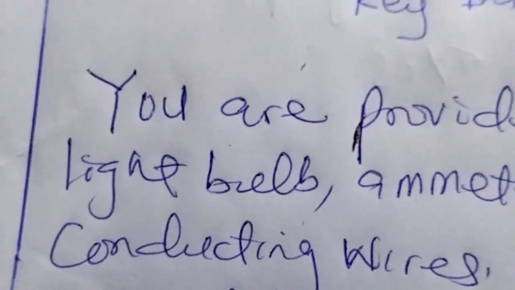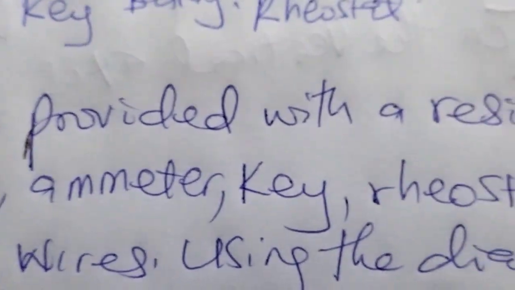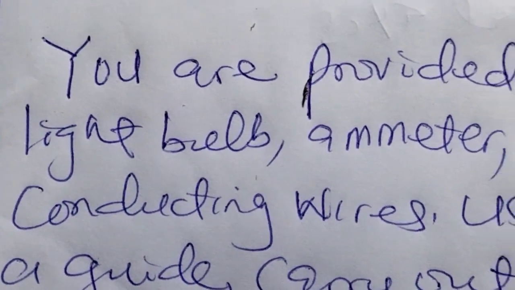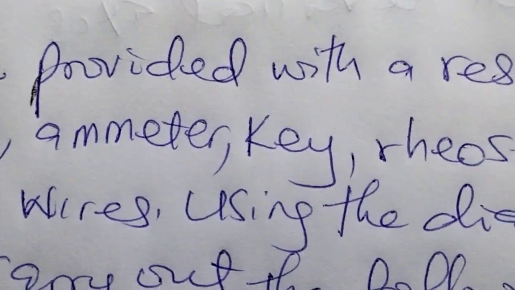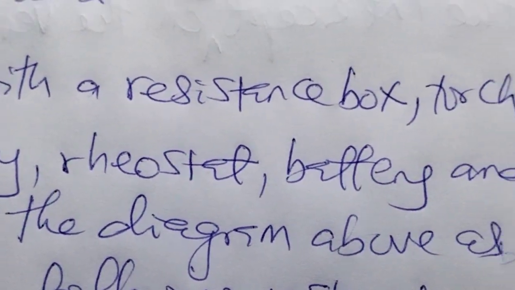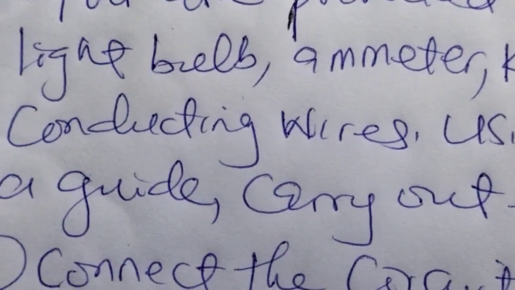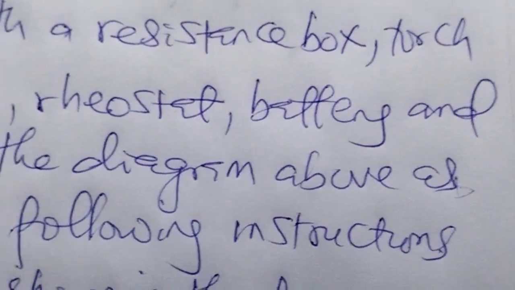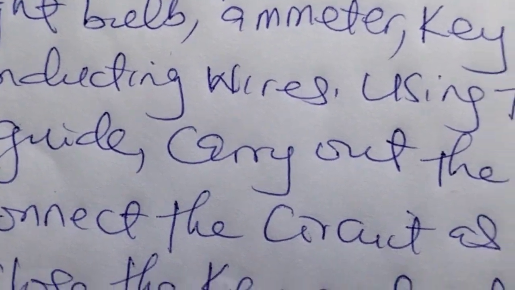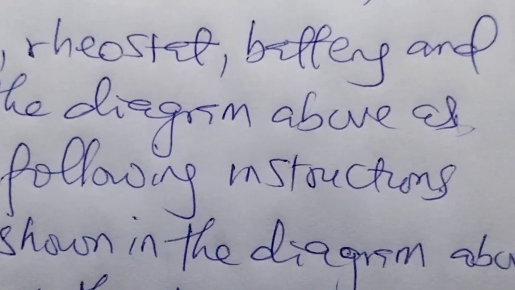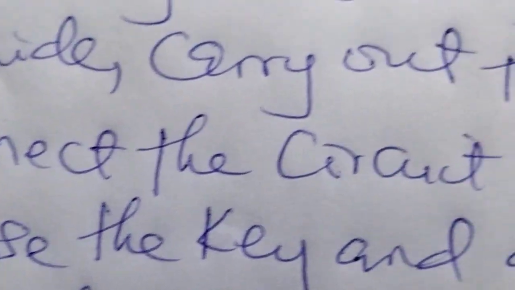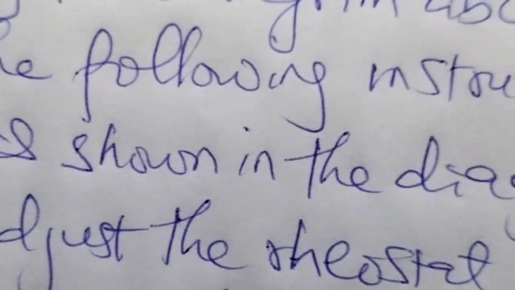We have this question which says: you are provided with a resistance box, torch light bulb, ammeter, key, rheostat, battery, and conducting wires. Using the diagram above as a guide, carry out the following instructions. Number 1, connect the circuit as shown in the diagram above.